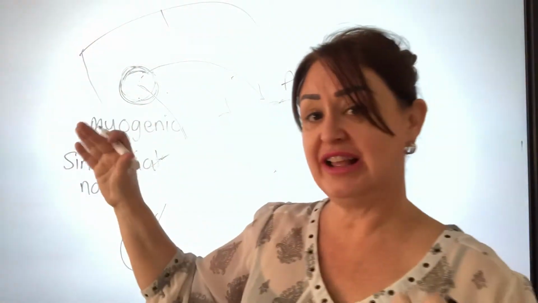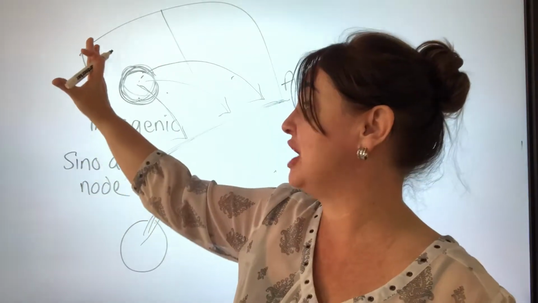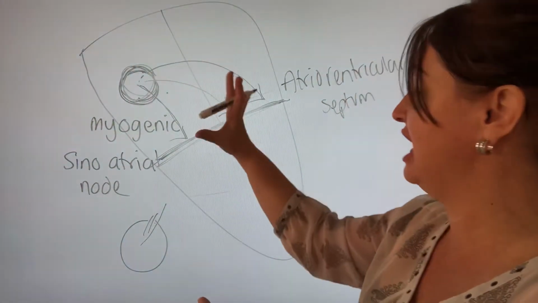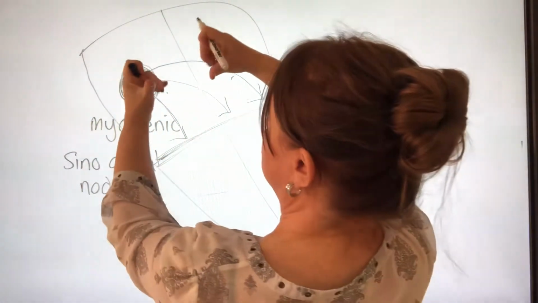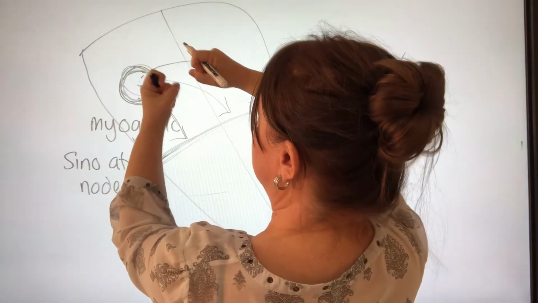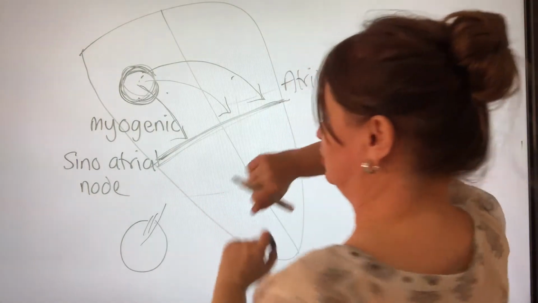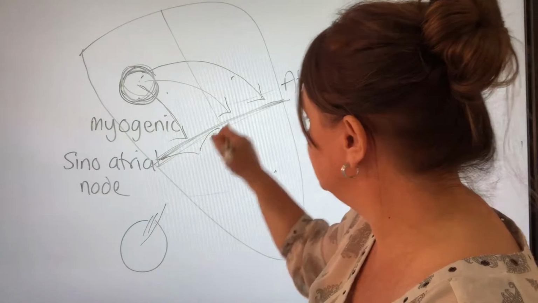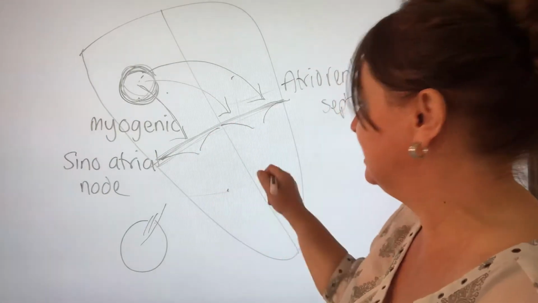Of course, the wave of electrical excitation is followed by a wave of muscular contraction. So as that passes over there, it's followed by the contraction of the muscles, and they squeeze the blood into the ventricles. So that blood now is being squeezed through these valves into here.